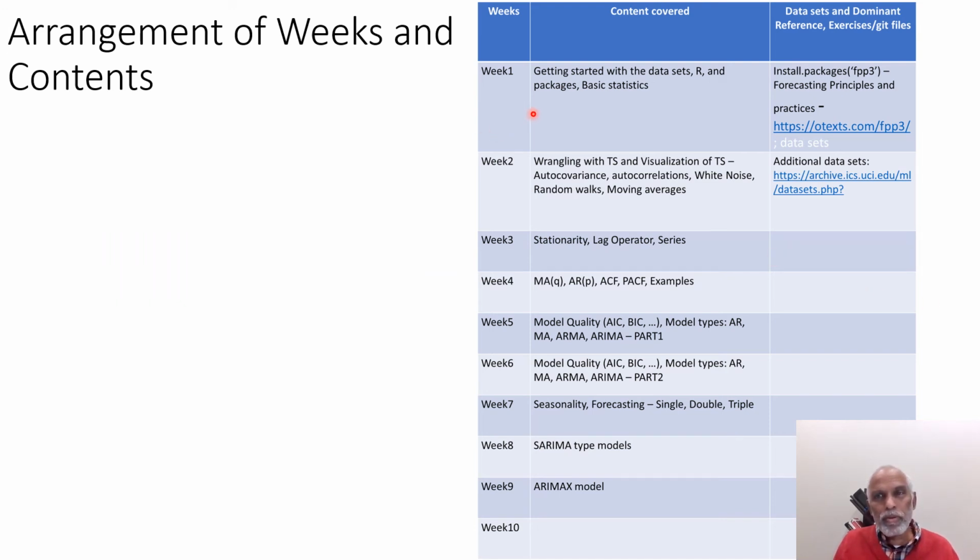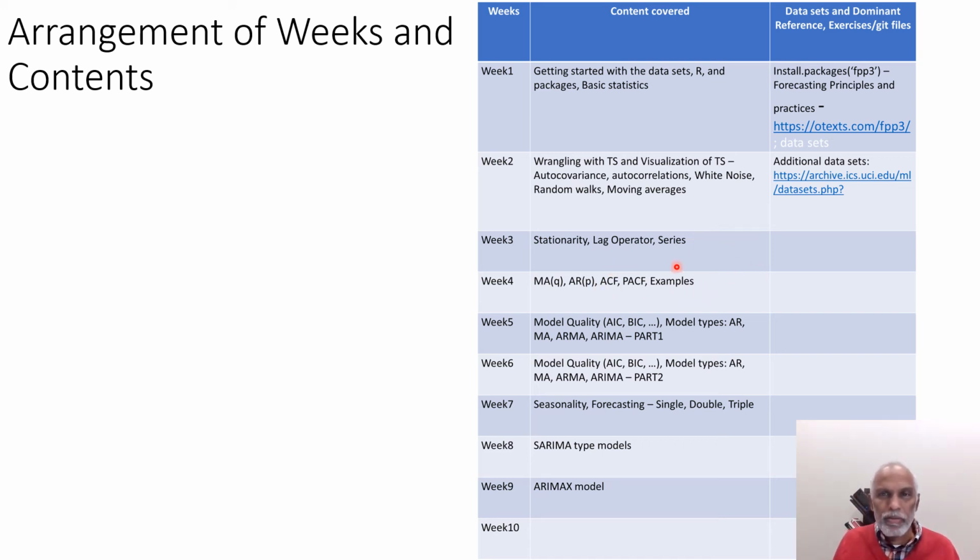This week we are talking about getting started with the topics. I will also talk about an extension of this presentation, the various data sets I will use in the course, the R packages, and some basic statistics. Next week, we will continue with the visualization of time series data and talk about autocovariance, autocorrelations, white noise, random walks, and moving averages.